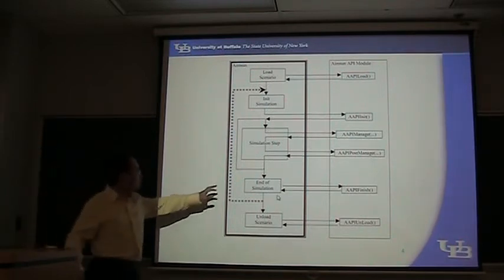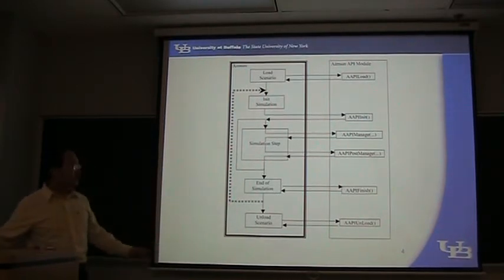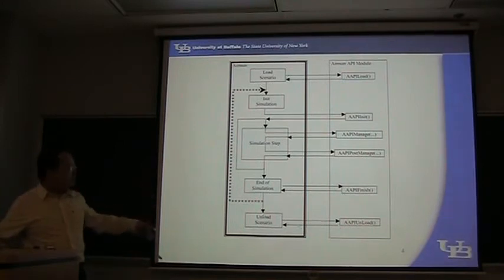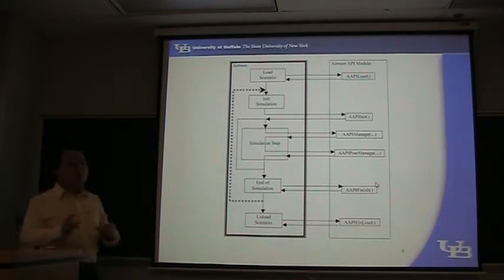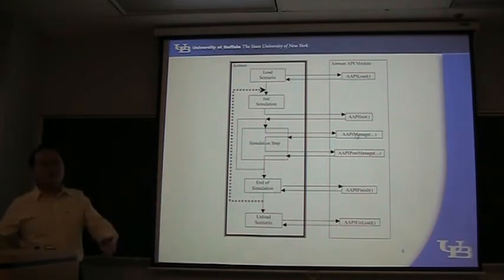Now, at the end of the simulation, this AAPI finish function will be called. Then when this network is unloaded, the last function will be called. So that's the way you integrate your program into MSum. So you implement these functions, and MSum will call your function.